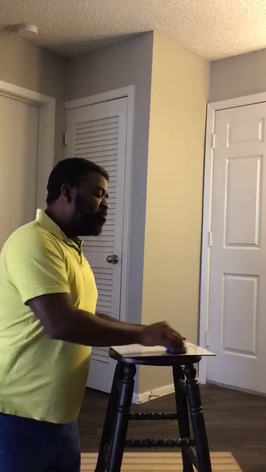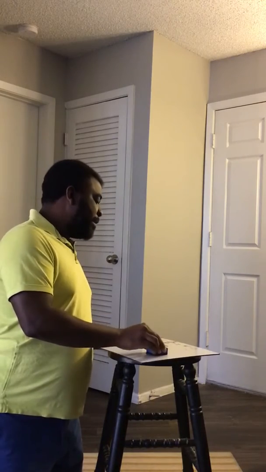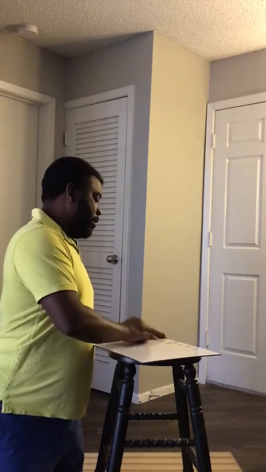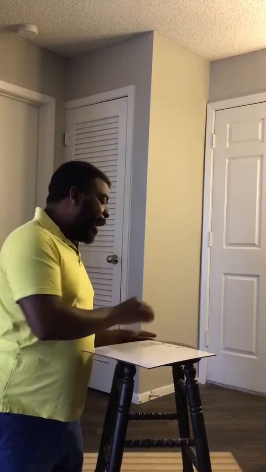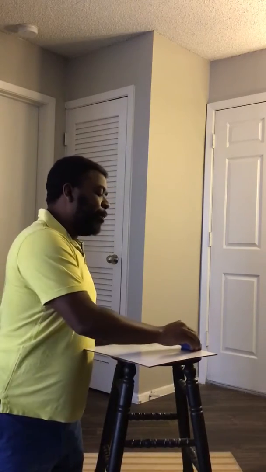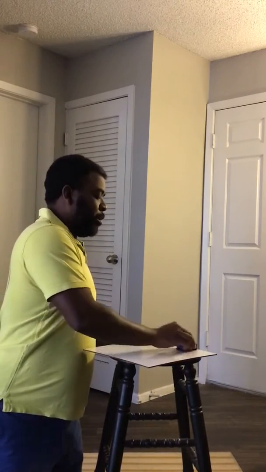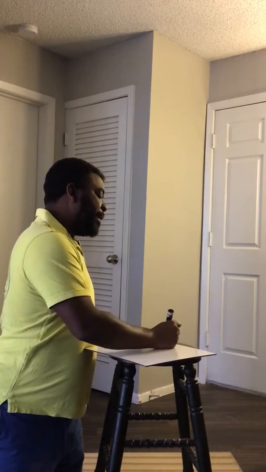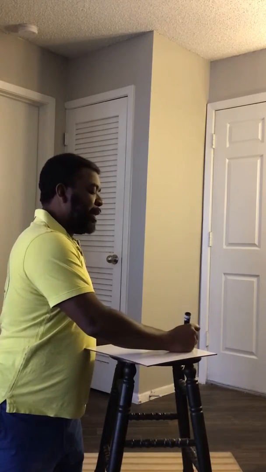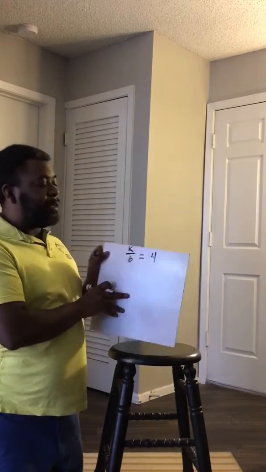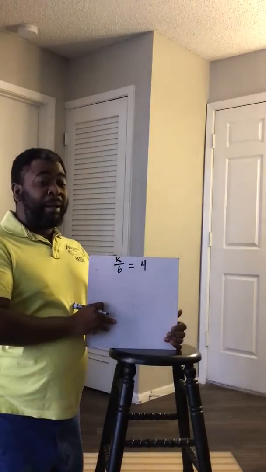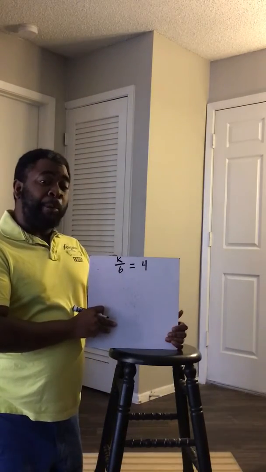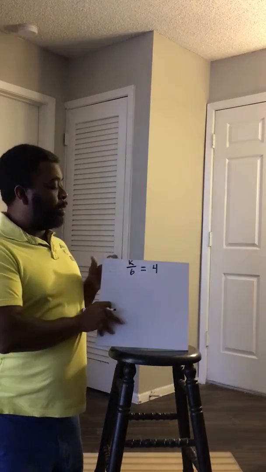Let's try another way to do this problem. So if you don't like to necessarily divide, then we can change our problem to a multiplication problem. So k divided by 6 is equal to positive 4 is how we started. But this problem can be written as a multiplication problem.